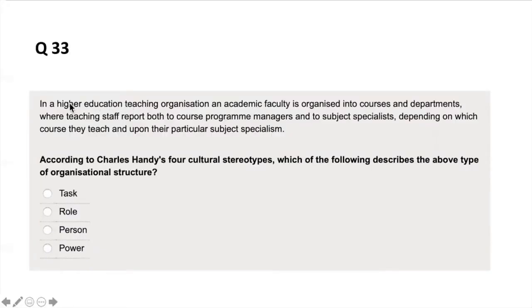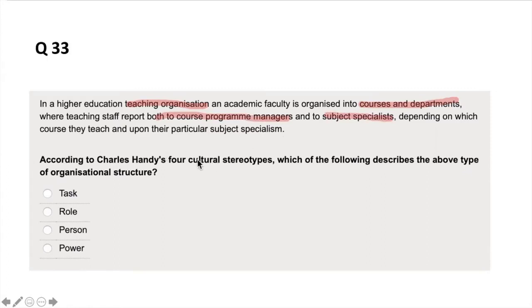Question number 33. In a higher education teaching organization, an academic faculty is organized into courses and departments, where teaching staff report both to the course program managers and to subject specialists, depending on which course they teach and upon their particular subject specialism.